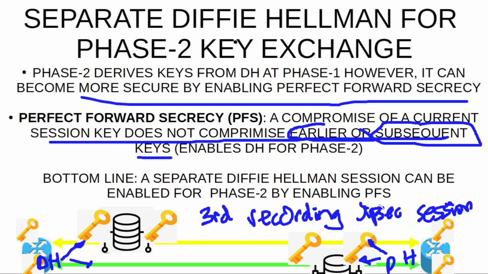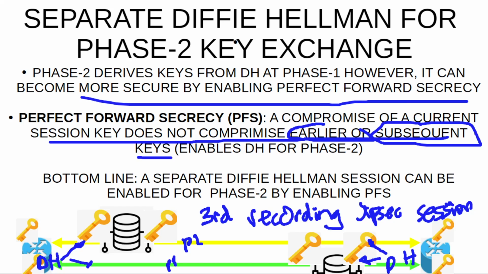So that is the reason why security associations expire after some time. After the lifetime of a security association expires, a new key must be exchanged. By default, we only have one Diffie-Hellman creating keys for phase 1 and for phase 2.